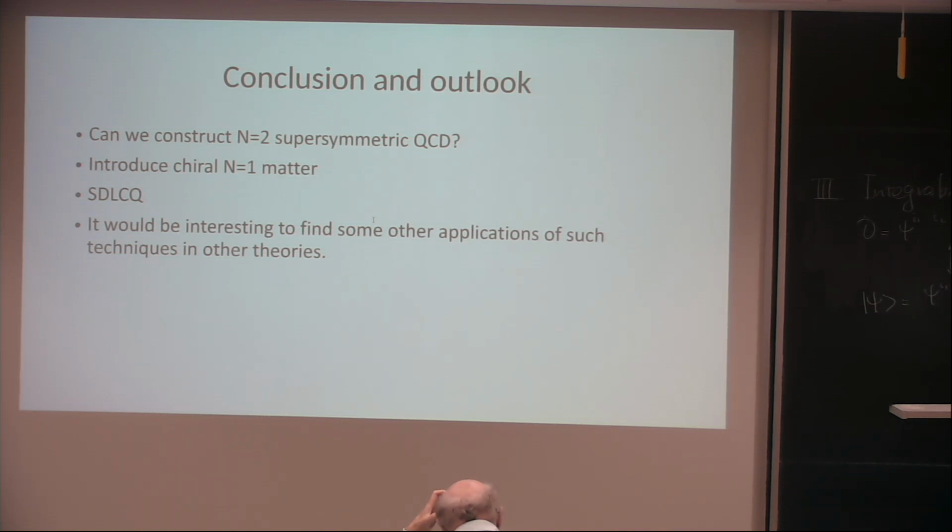It would be nice to connect to some other well-known QCD models, to see what these models correspond to at the usual level, and maybe understand how we can introduce a chiral N=1 model. And another interesting question: at this specific point, we see that we have an additional conserved charge. Maybe at this specific point we can have a whole hierarchy of additional charges, and that would make the system actually integrable.